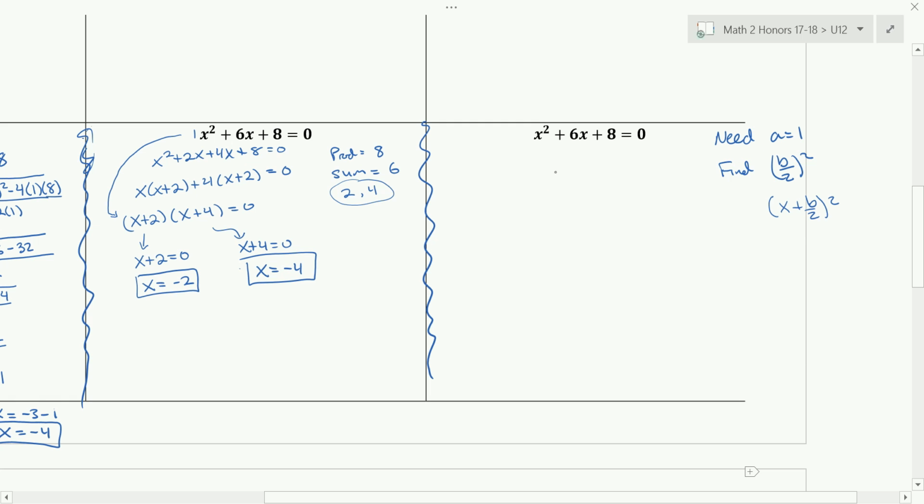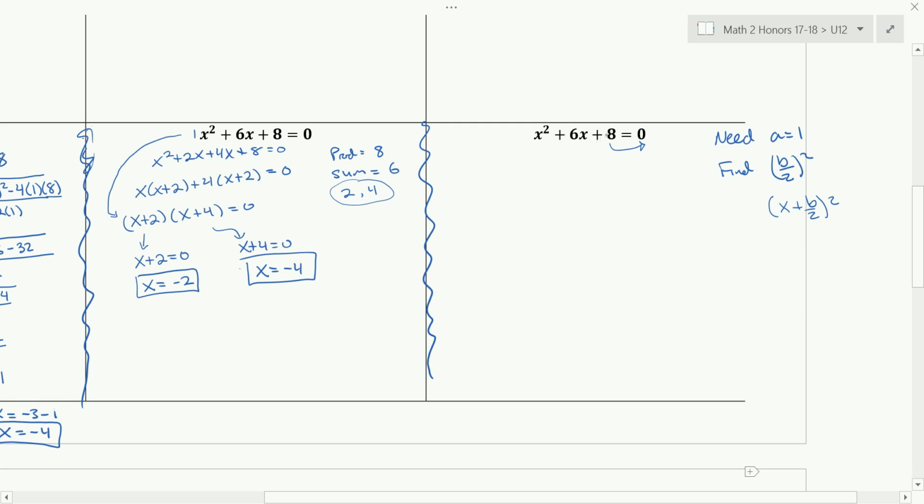Now you guys are used to using completing the square to get it into vertex form first, and then you solve. But our goal is just to solve here, so I'm going to work at it a little bit differently. Because it's an equation equal to 0, I'm going to move the 8 over first, because we can.